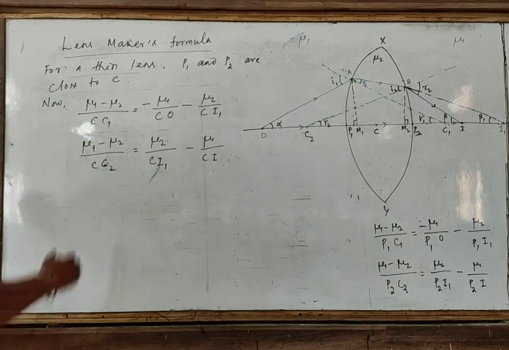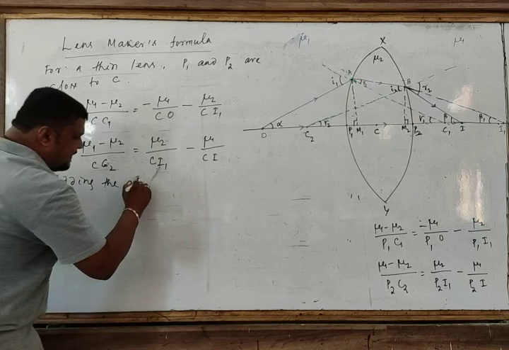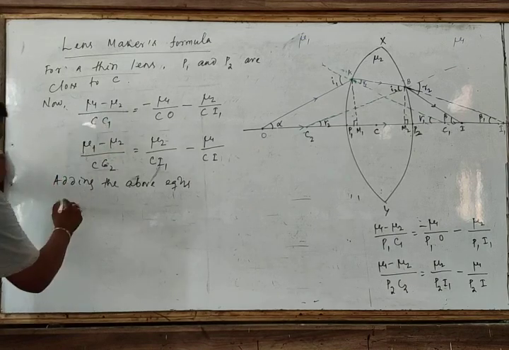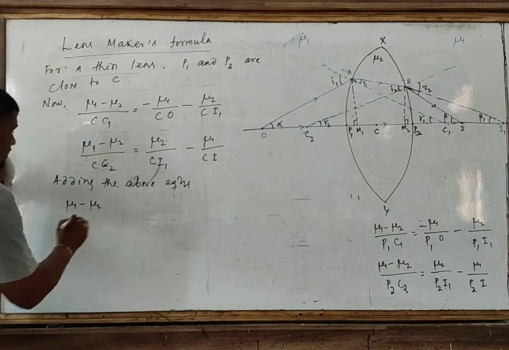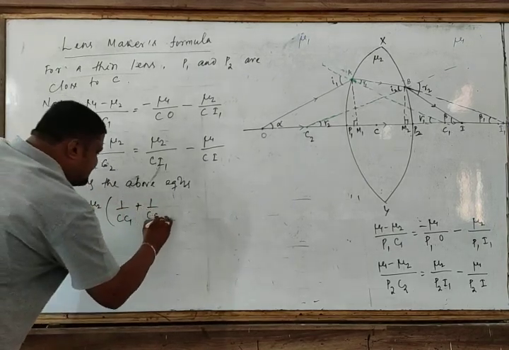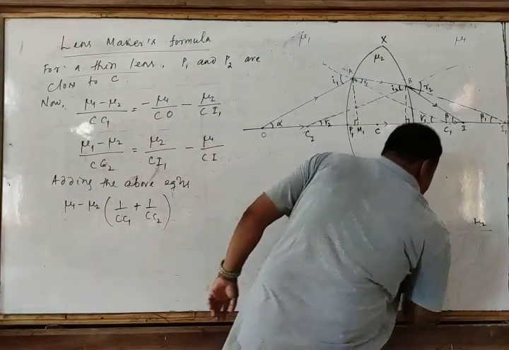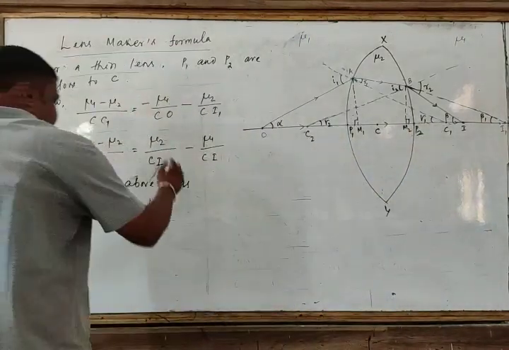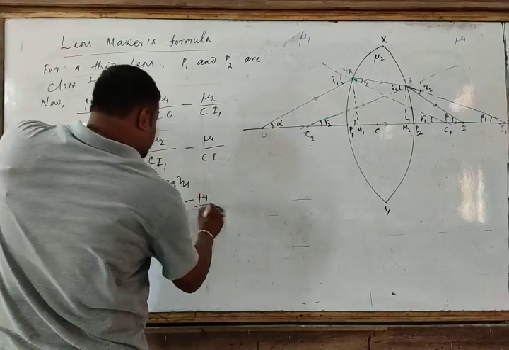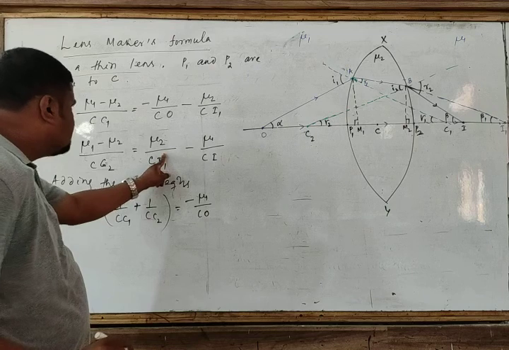Now we add the above two equations. What will I get? Taking the LHS: mu1 minus mu2 of 1 by CC1 plus 1 by CC2 is equal to minus mu1 by CO minus mu2 by CI1 plus mu2 by CI1.